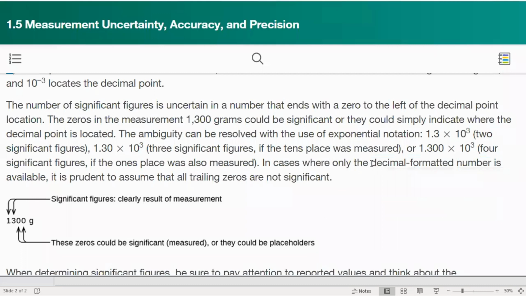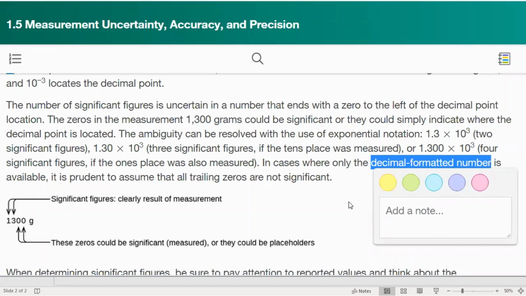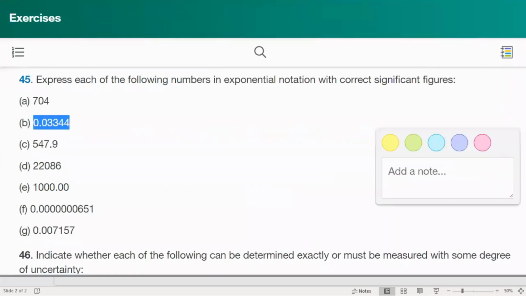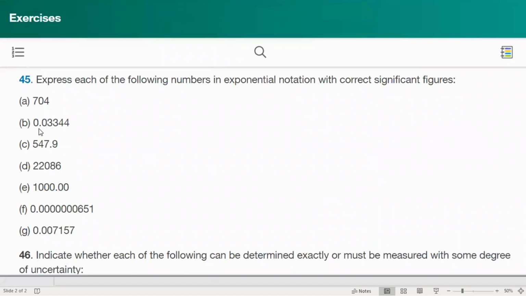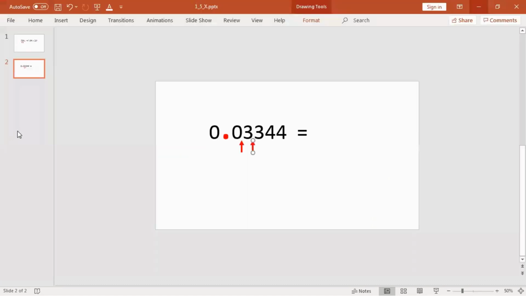And the term that they used in the lecture for numbers not in scientific format, like the one they're showing, is called decimal formatted numbers. I'm just going to use that term, decimal formatted number. So let's go back to the exercise. And so the decimal formatted number is 0.03344.